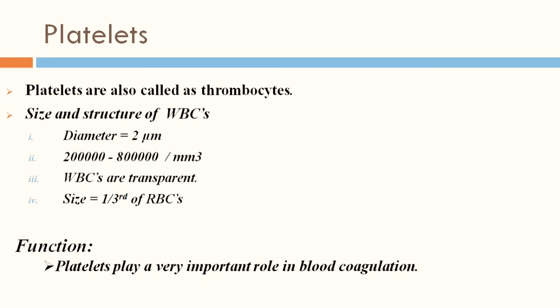Platelets are usually tiny, small, round or irregularly shaped cells of the blood. They have an average diameter of approximately 2 micrometer. They play an important role in the blood coagulation process, that is, the blood clotting process.